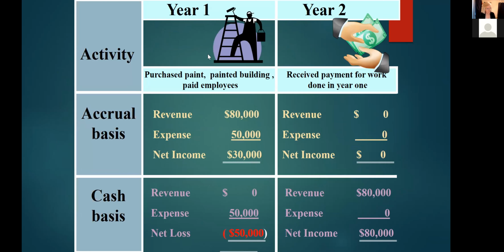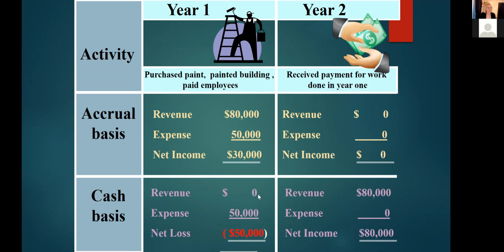Okay, so year one, go to this bottom row here. If he's doing cash accounting, he can't call anything revenue because he hasn't been paid. He won't be paid until January, which would be year 2, even though it's just 1 month apart, because his fiscal year and calendar year end December 31st. If he does an income statement for year 1, that'll be all the activity for year 1.